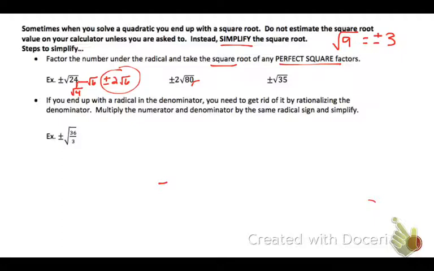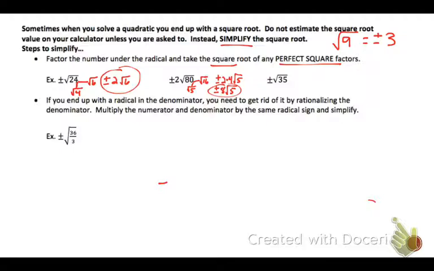I'm going to divide it by 5 because I can see that 5 times 16. So I'm looking for a factor pair where I have the biggest perfect square possible. Now I already have a 2 out front. I'm going to take the square root of 16 and I have to multiply by whatever is out front already. I can't take the square root of 5. So I'll end up with plus or minus 8 once I multiply those times the square root of 5.